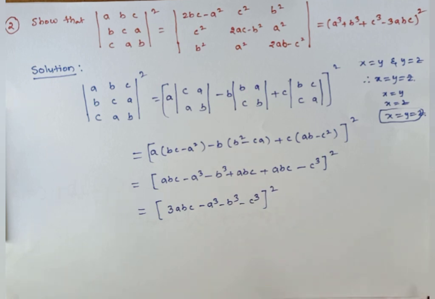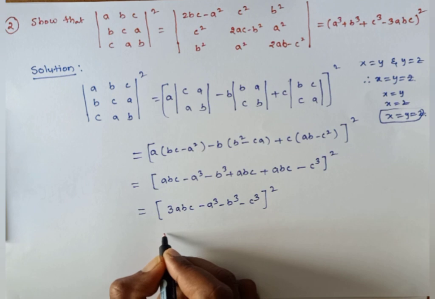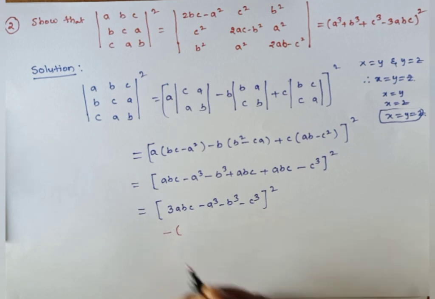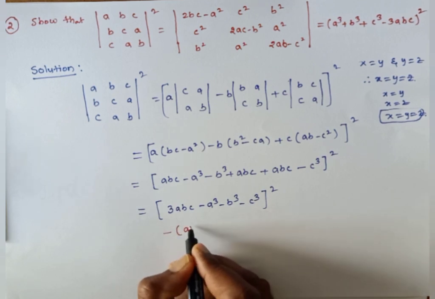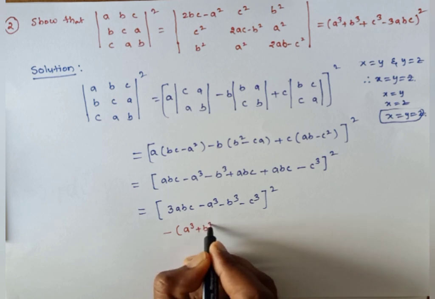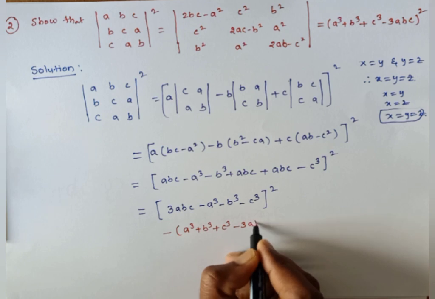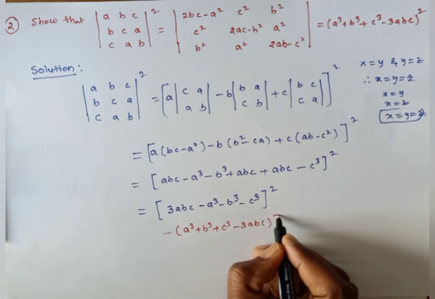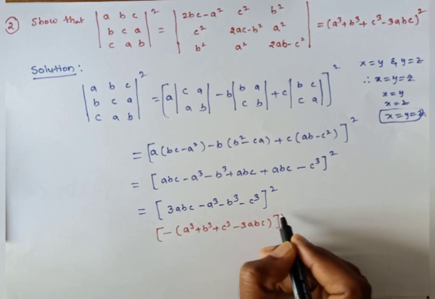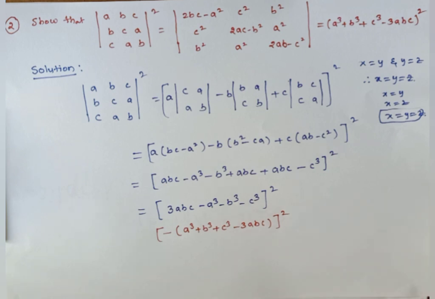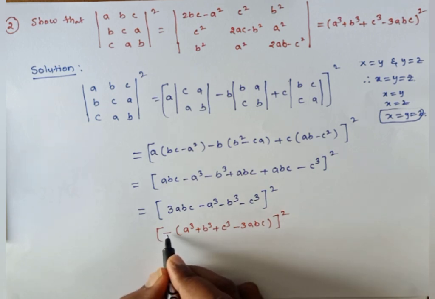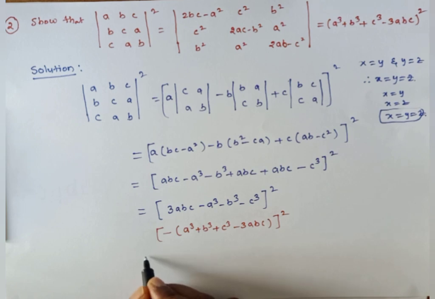Okay, now let us take minus common, so that it is a cube plus b cube plus c cube minus 3abc whole square. Now minus 1 whole square means positive only.